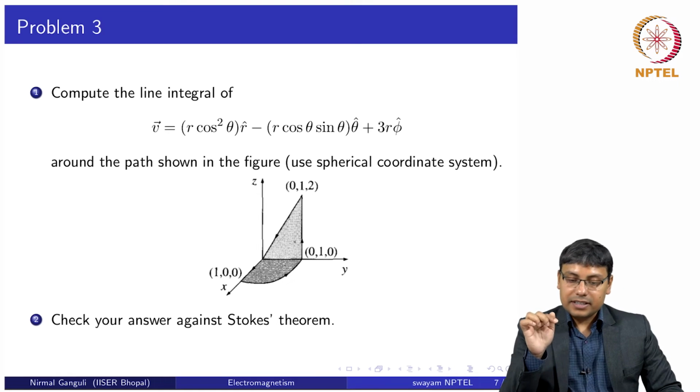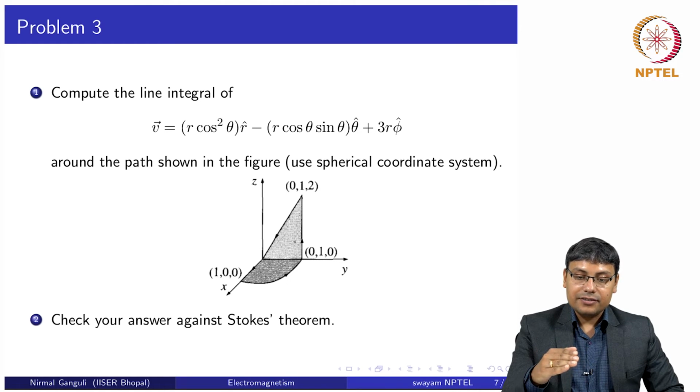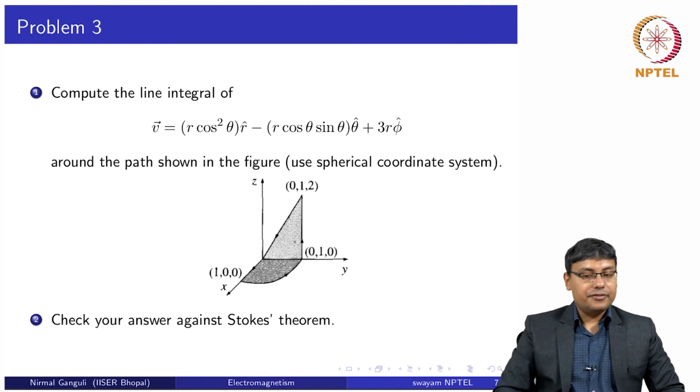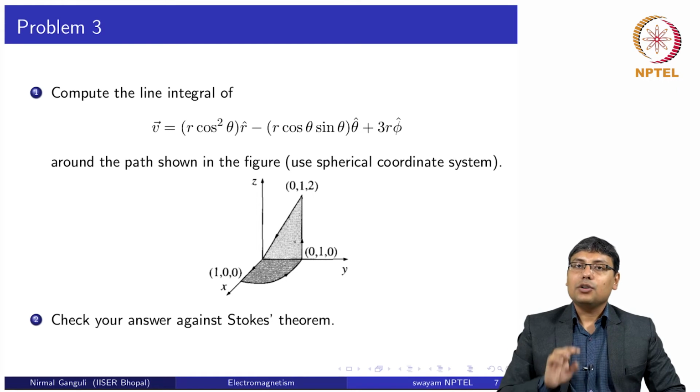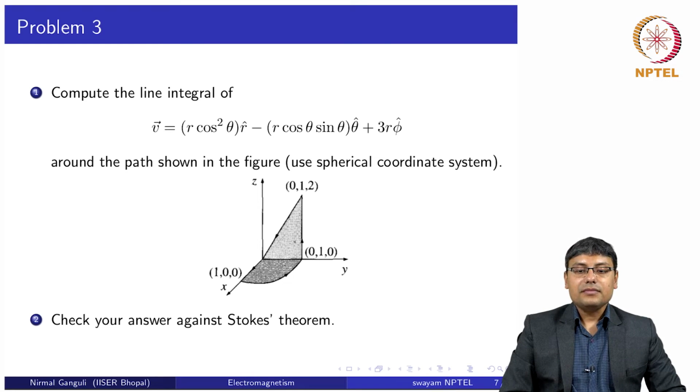So this surface is enclosed by this line that is shown here, and the line integral of the vector along this line would be equal to the surface integral on the shaded surface of the curl of this vector. That is something we are supposed to verify. Now please pause the video and try doing it yourself, and then restart the video later.